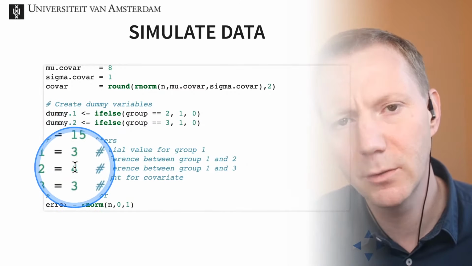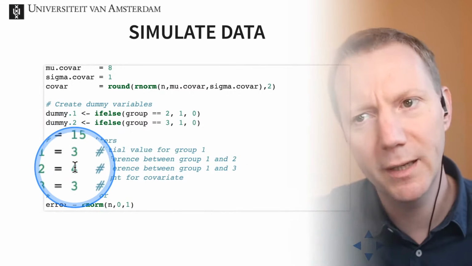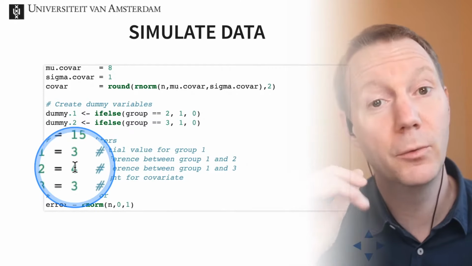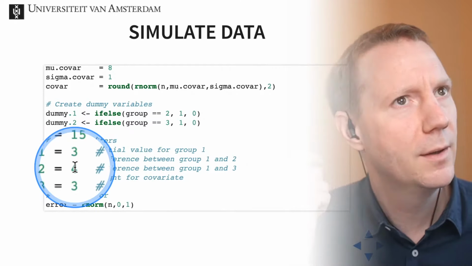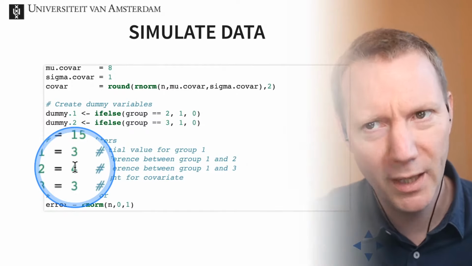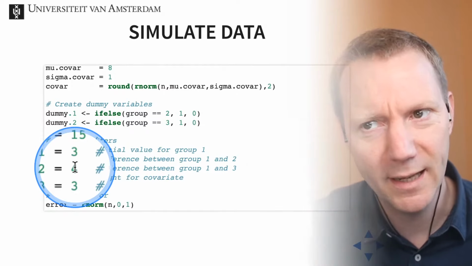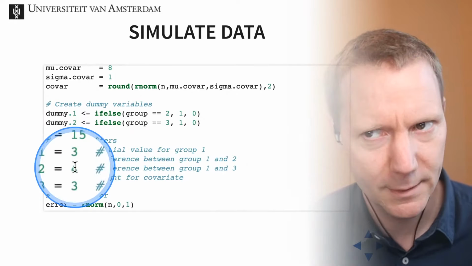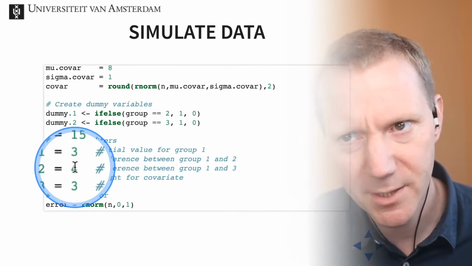So the actual means that we put into our simulation for these specific groups are 15, 18, and 19. Does that make sense?